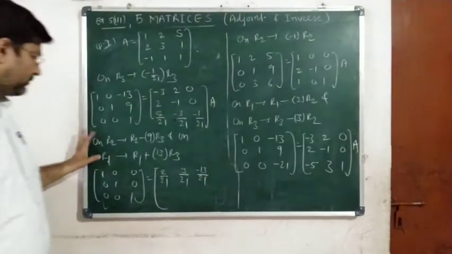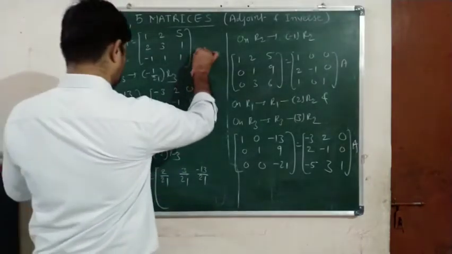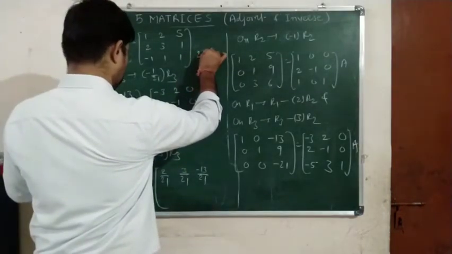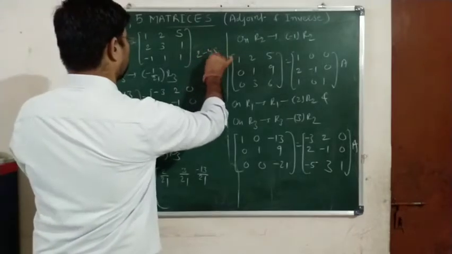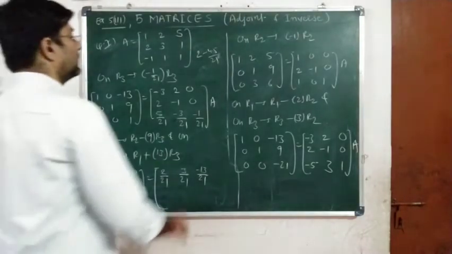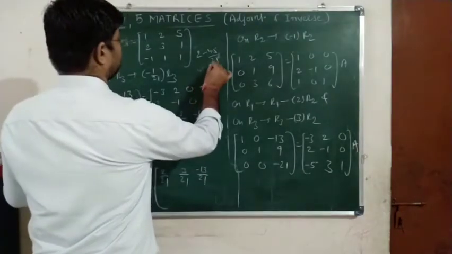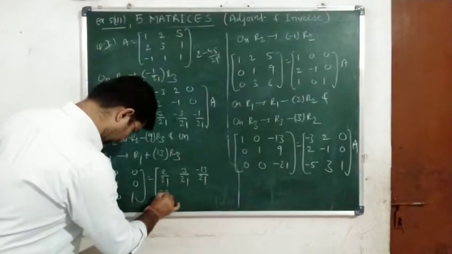Okay, done. Now the second row, what we have to do? 9. Okay, so the first element is 2 minus 9 into 5, that is 45 by 21, minus 3 by 21 we will get.